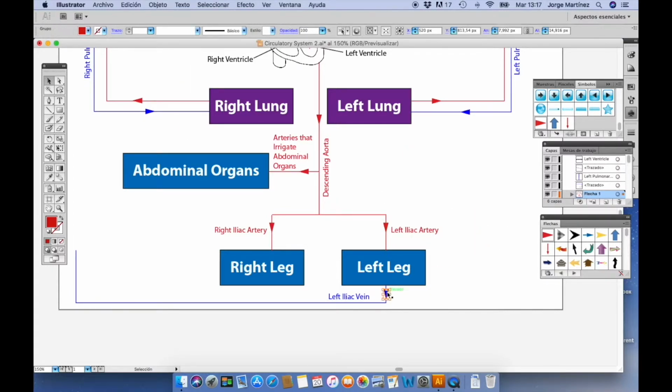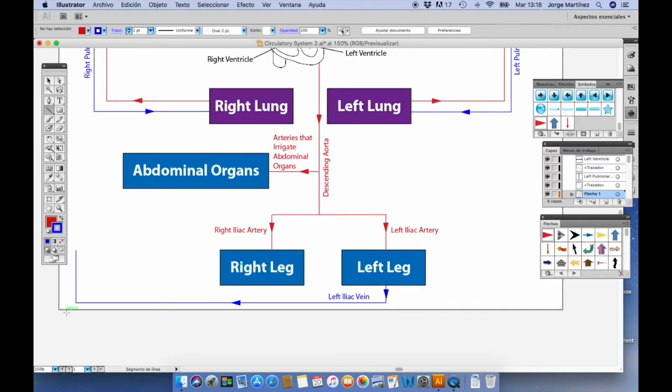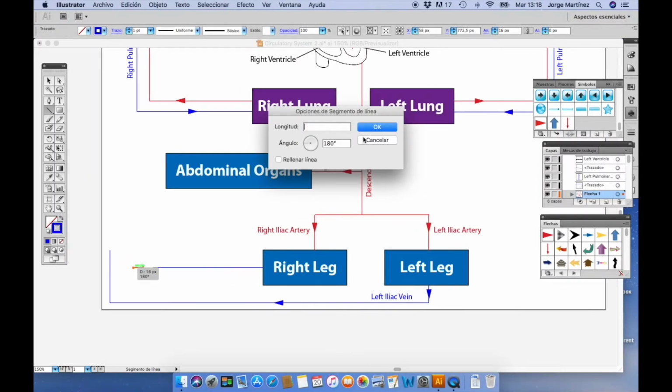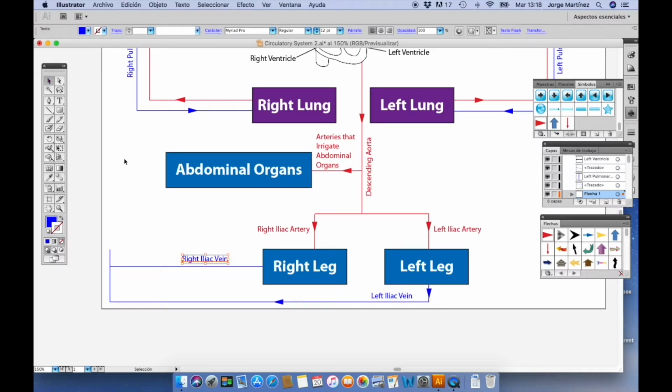The blood from the right leg is transported by the right iliac vein. The right iliac vein and the left iliac vein join, forming a bigger vein that is called inferior vena cava.